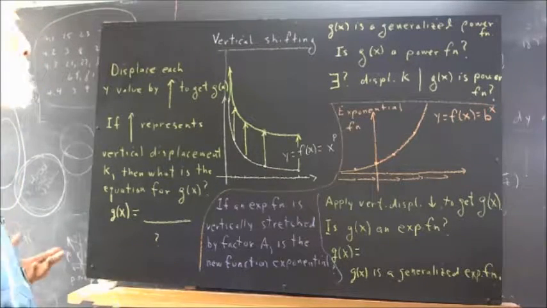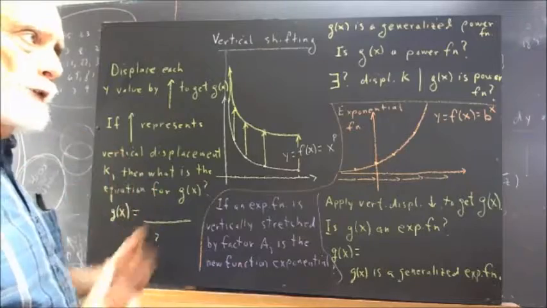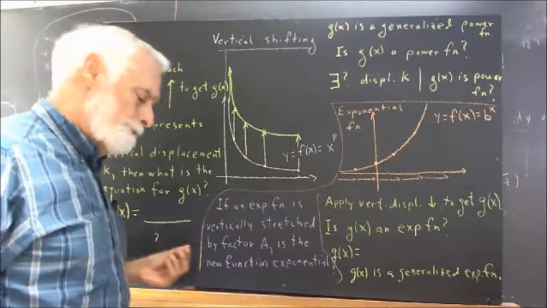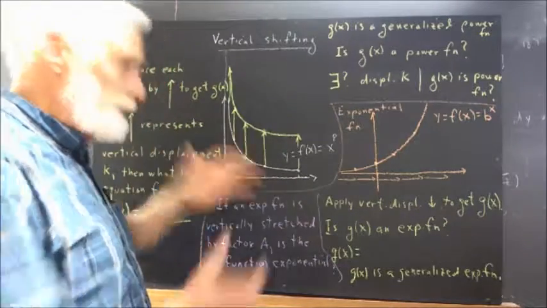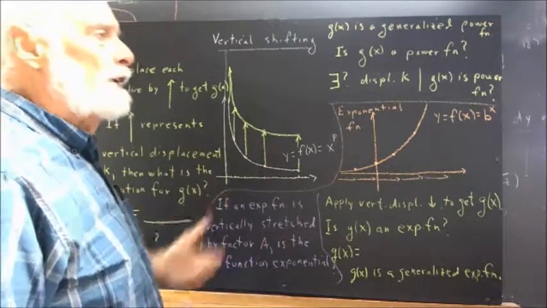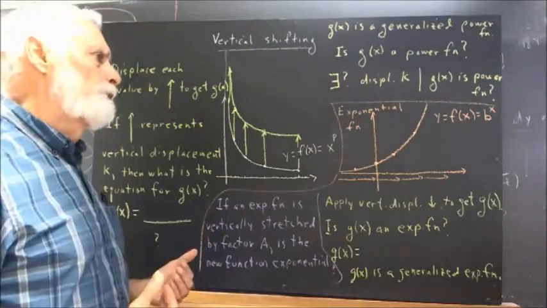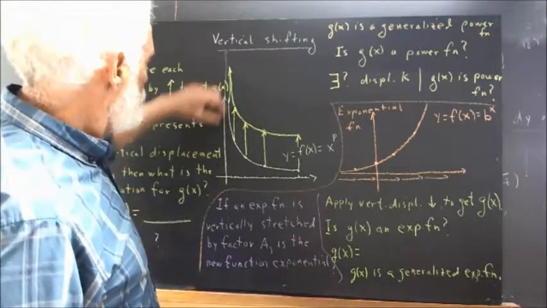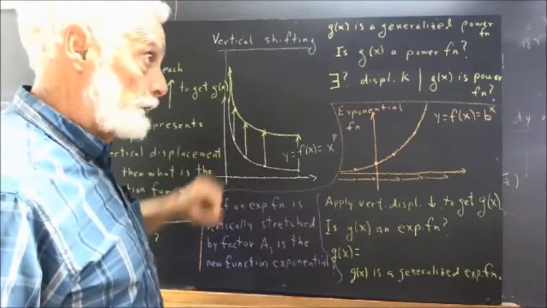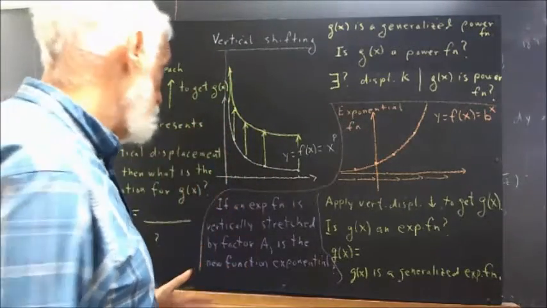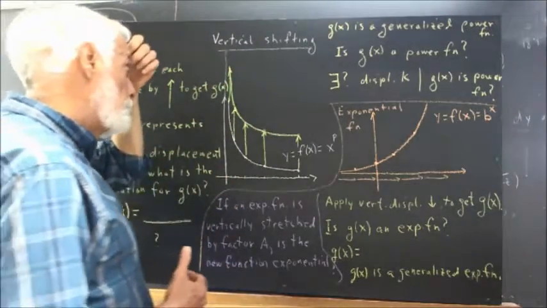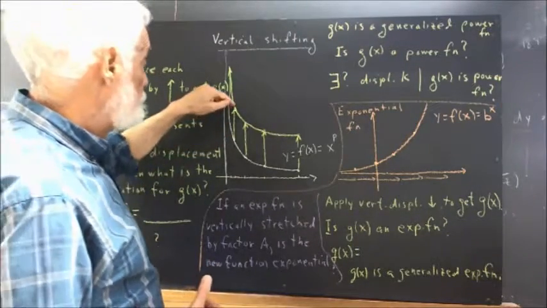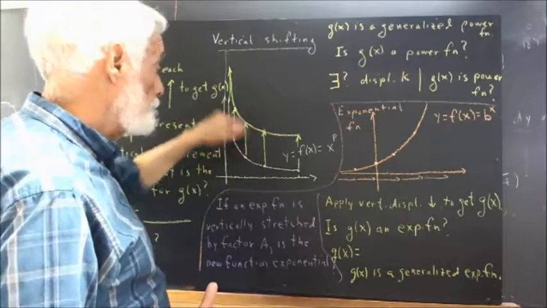Okay, so that differs from the vertical stretch, because remember, for the vertical stretch, the graphs kept getting further apart. Now, I use that term further apart a little bit loosely, because clearly these graphs are also getting further apart. So what I want to clarify is that by further apart, I mean that this graph will be higher than this graph, always by the same amount.